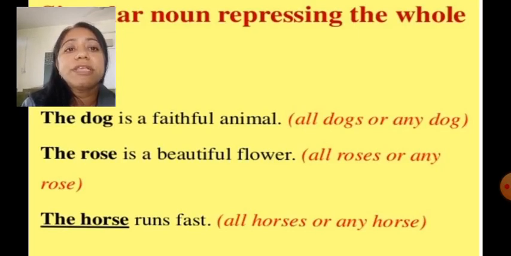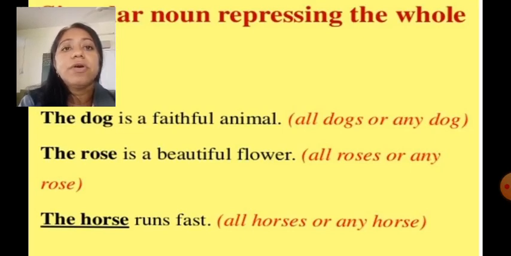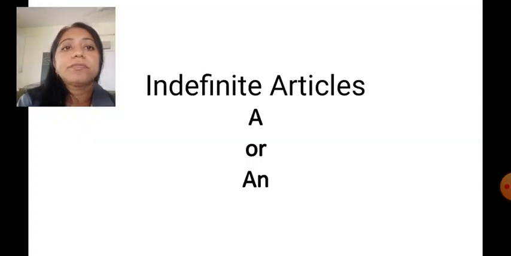The rose is a beautiful flower. Here also we are talking about all roses or any of the roses. The horse runs fast. All horses or any of the horses, that is the whole class. We are representing the whole class, so we will use the before it.